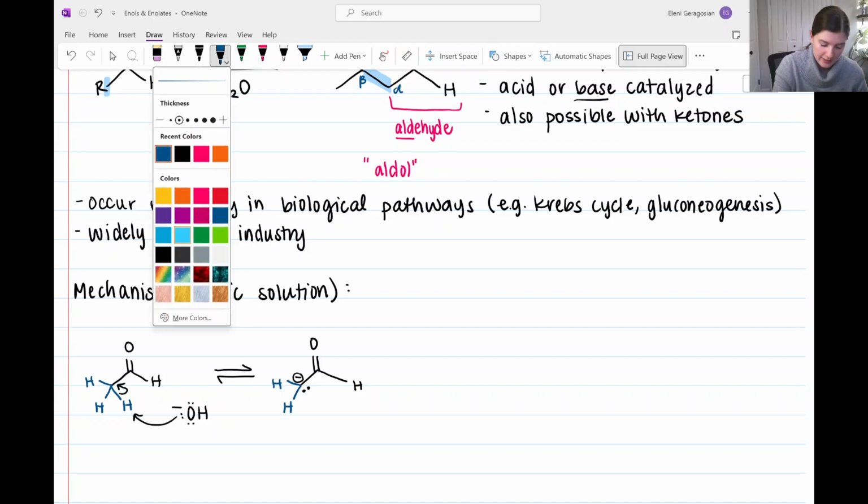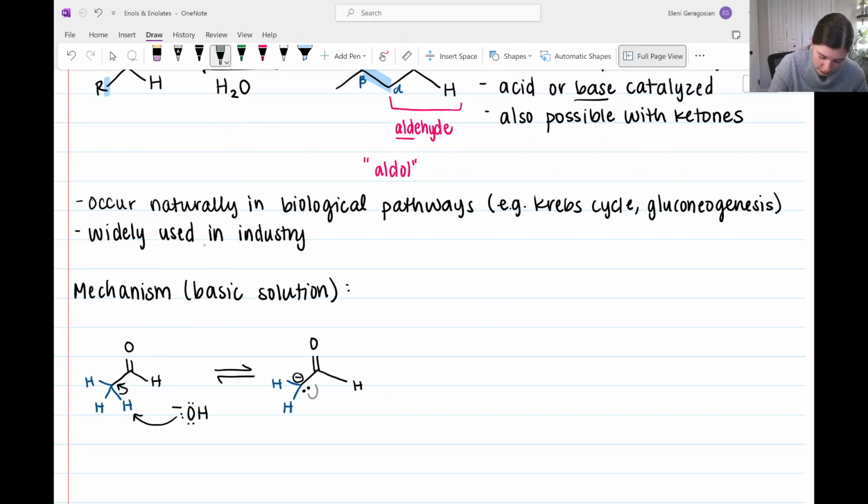As we've done in the past, we can also show resonance here, where we now have a double bond between the 2 carbons instead of a negative charge on the carbon, and the negative charge is now on the oxygen. So we have resonance here.